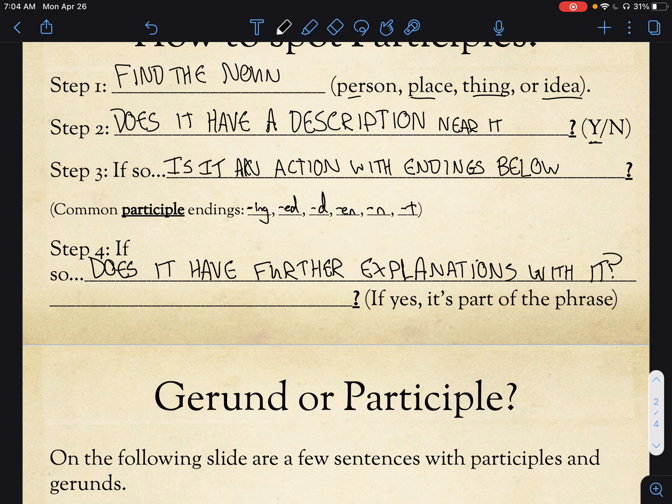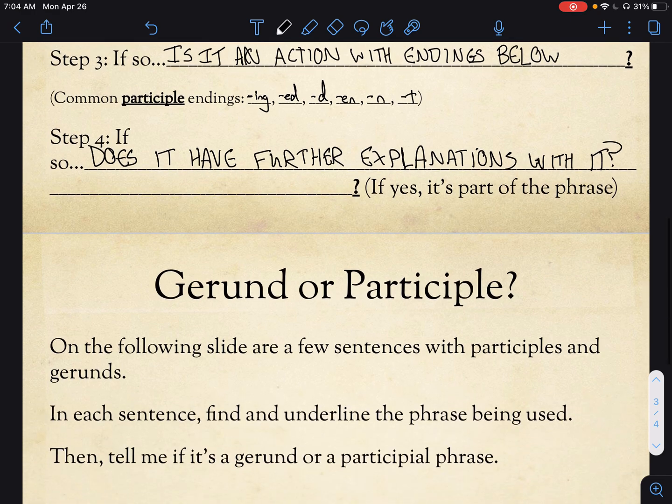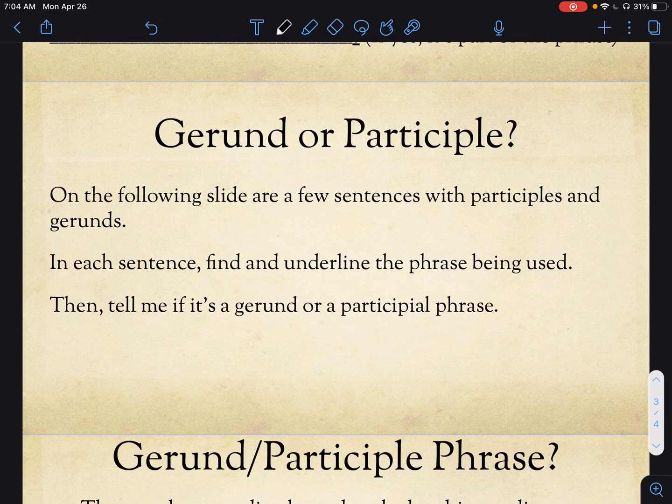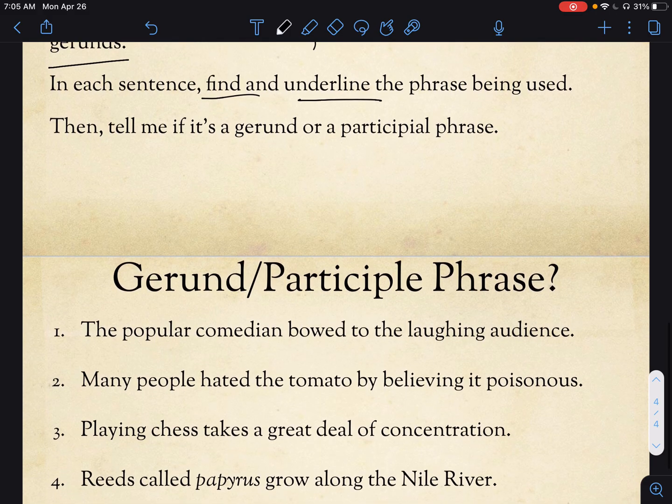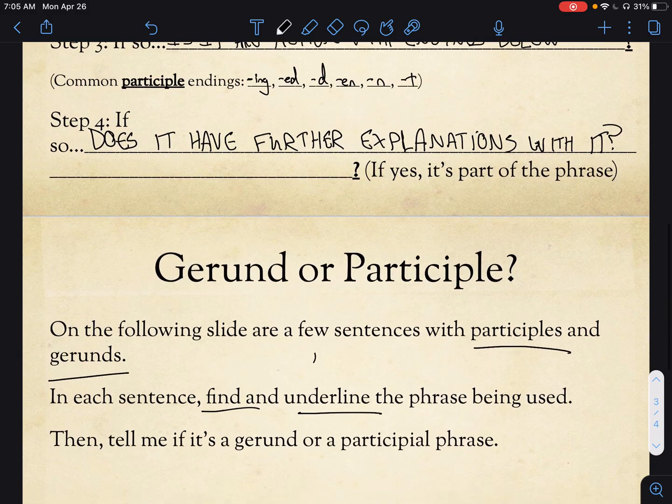All right, this notes check is going to be a little bit different. I'm going to give you a little bit of practice here. On the next slide are a few sentences with participles and gerunds. What I'd like you to do is find and underline the phrase being used and then tell me if it's a gerund or a participial phrase. So you're going to take the sentence.